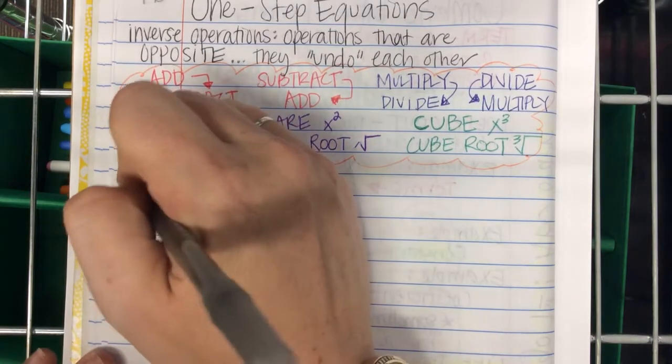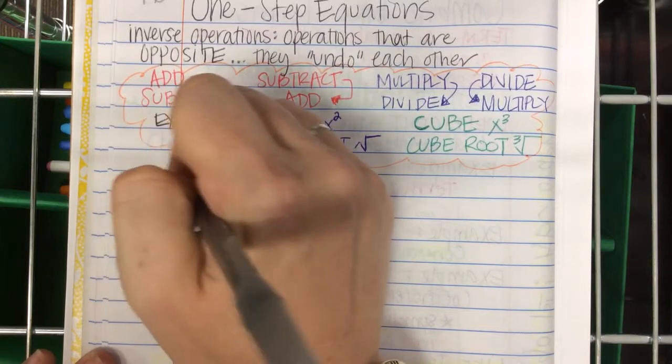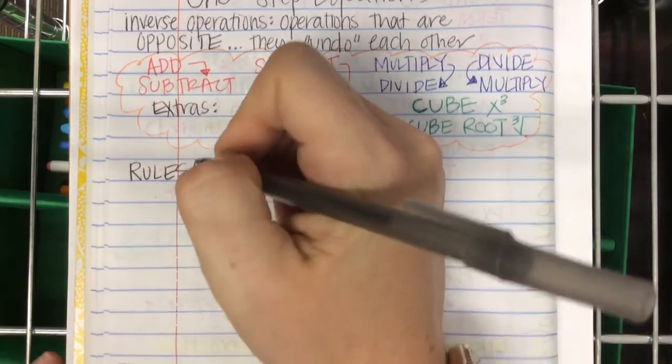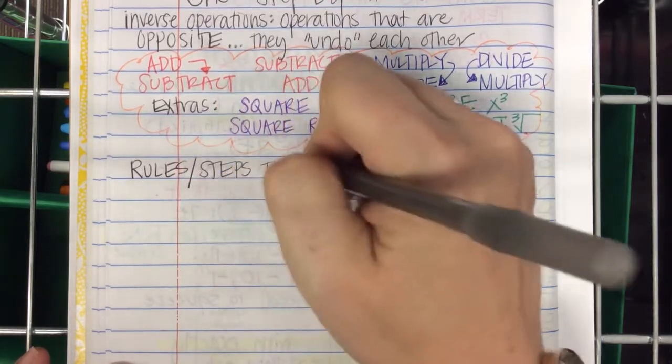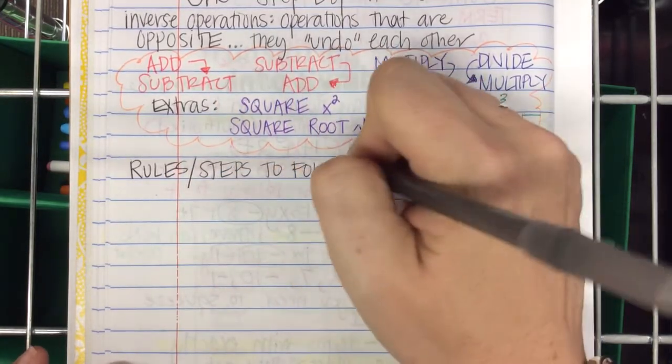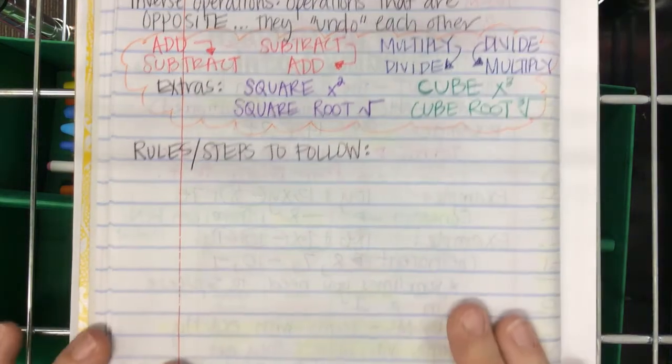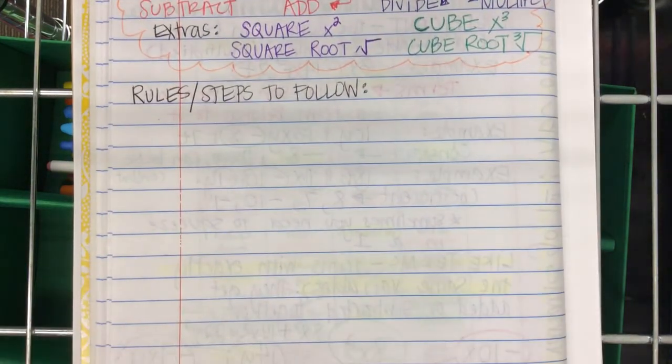All right, here are the rules or the steps to follow. Now I get it. A lot of the common sense happens that these rules aren't necessarily going to be followed all the time with one-step equations.